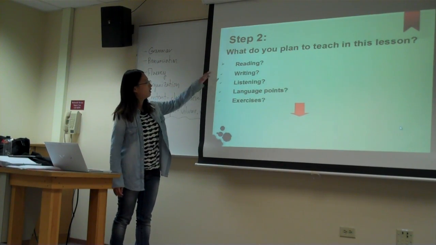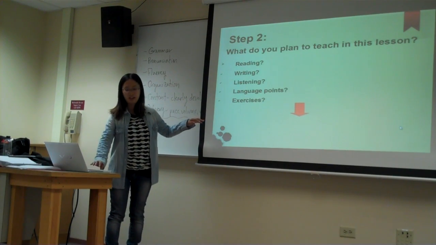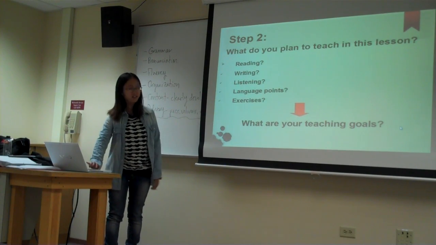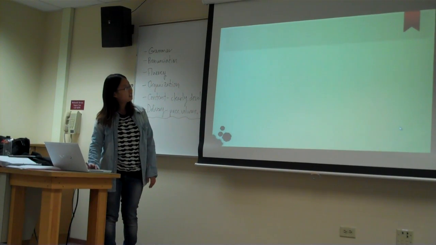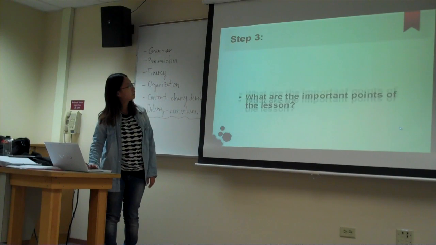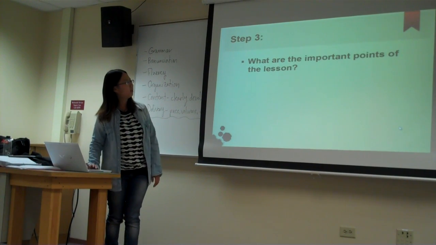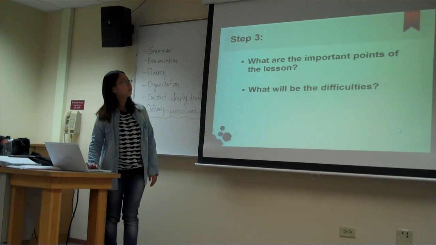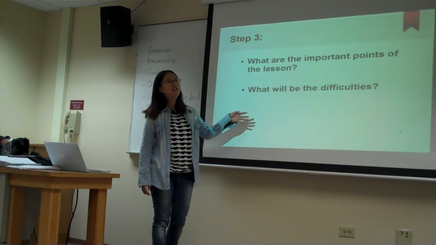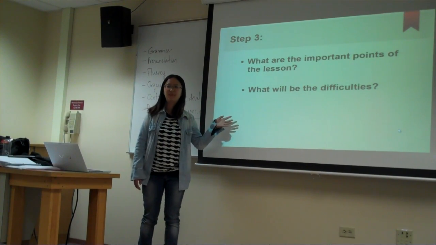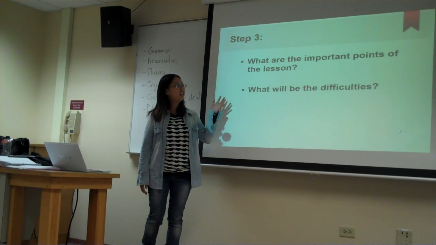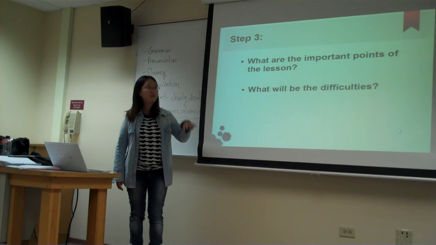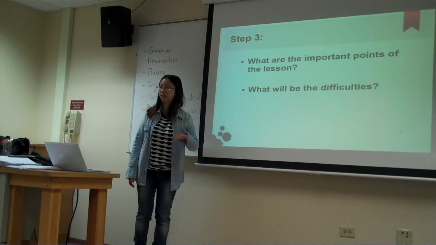When you make sure which part you want to teach, then your teaching goals will be very clear. Let's see step 3. What are the important points of the lesson? What will be the difficulties? For my students, who are low-level English learners, you must pick out the important points from the textbook for them.